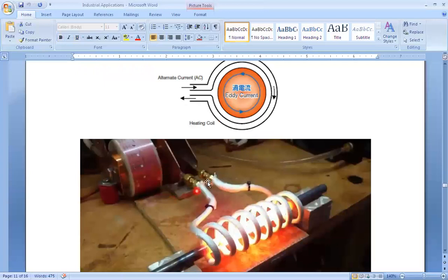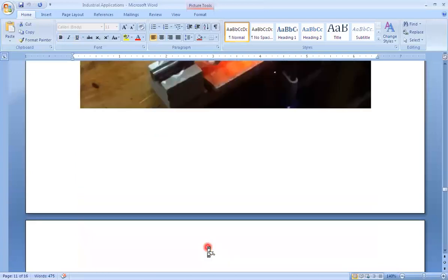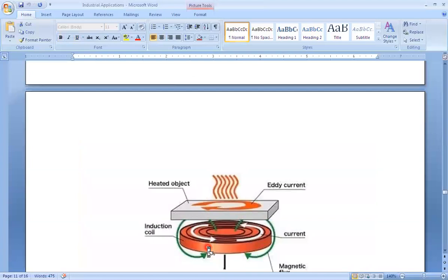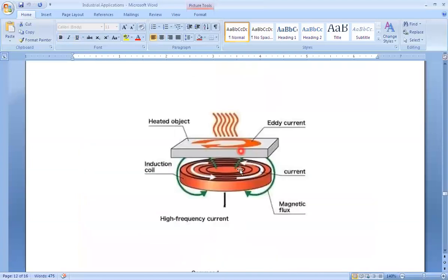We are supplying AC supply to this coil, and inside the coil there is one rod connected, and it is an iron rod, and through this heat we are molding or making a hard core iron material, or we can also mold this iron core material. Okay. So how to provide this voltage? So this structure, you know what we mean by eddy current. By providing this AC voltage or a high frequency current.